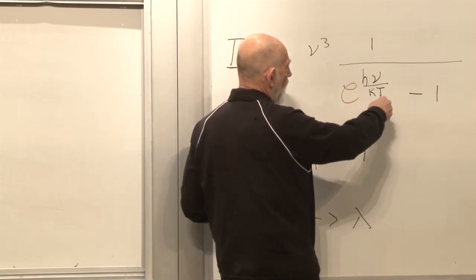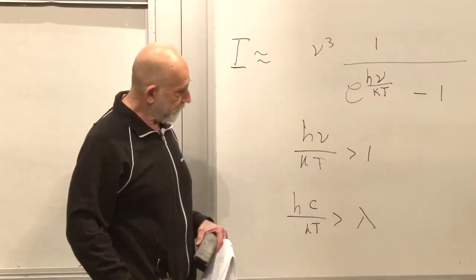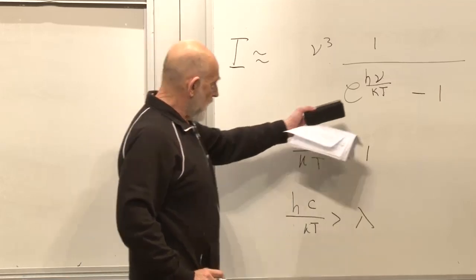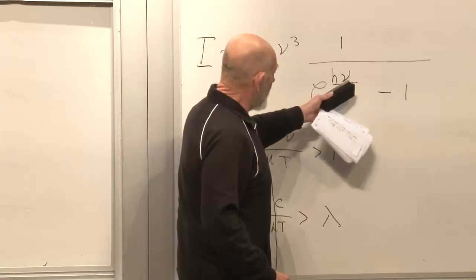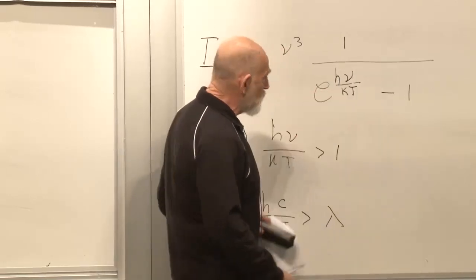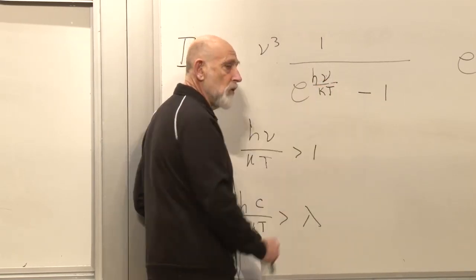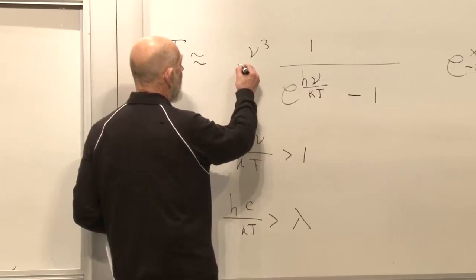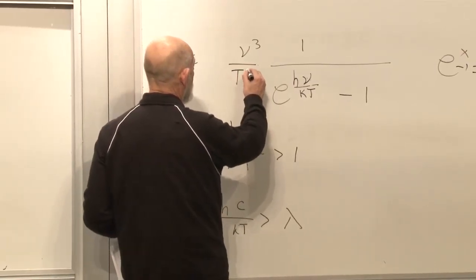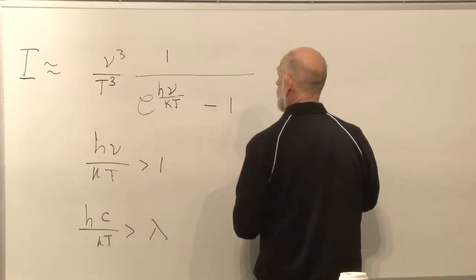Notice that what's in over here is a function of nu divided by temperature. It contains constants, k and h bar, but its dependence on nu, the frequency, is through the ratio of nu to temperature. Well, let's divide this by temperature cubed, and now multiply it by temperature cubed.